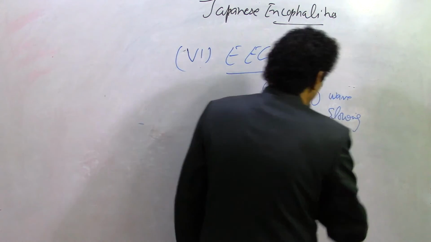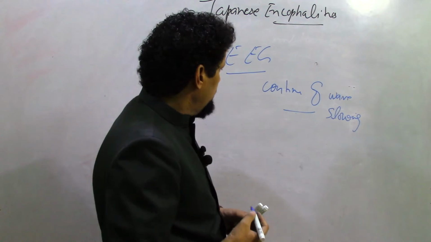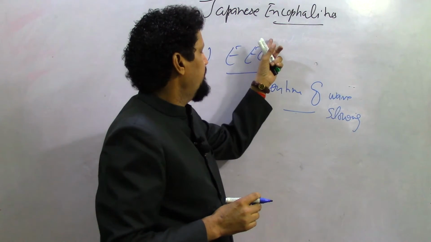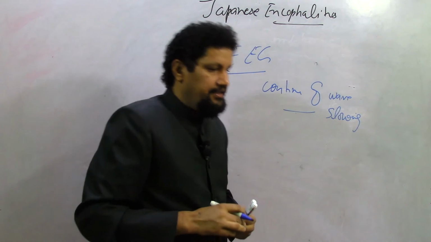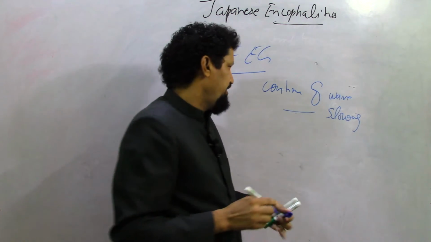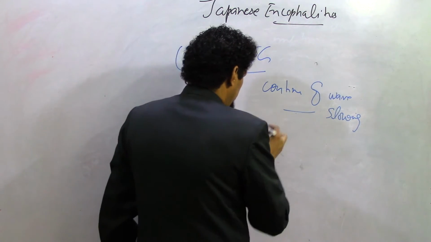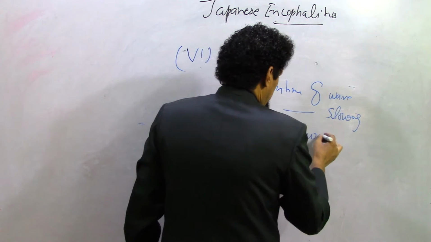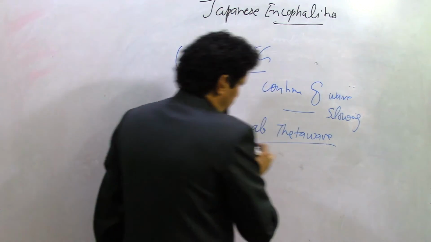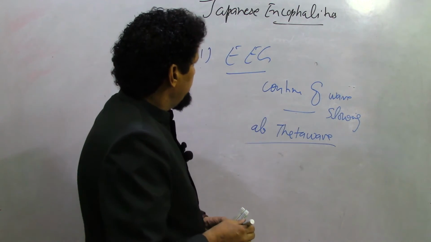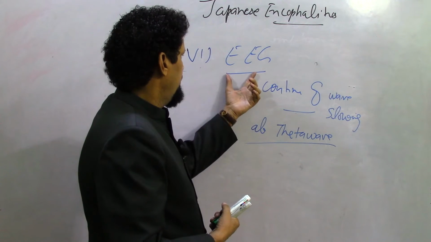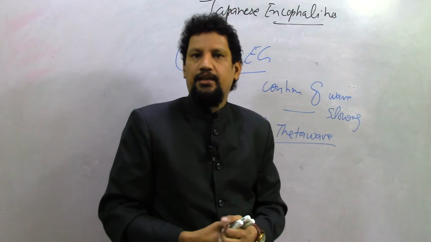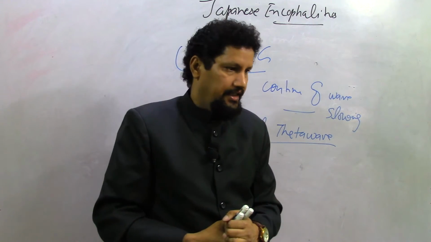So continuously there is delta wave slowness in the patients of Japanese encephalitis, and there is abnormal theta wave. But the EEG changes are not related to the severity of the Japanese encephalitis.